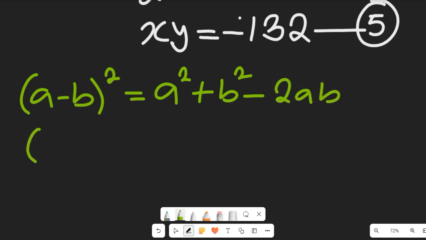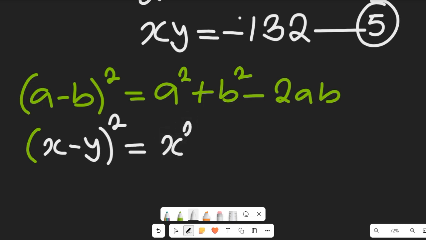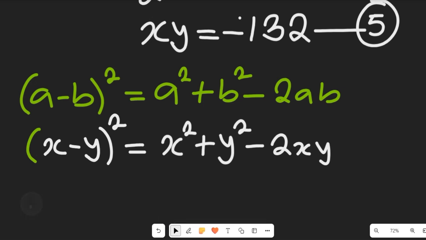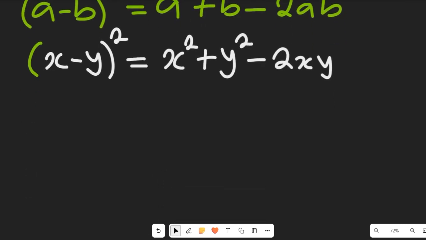Now let's assume we have (x minus y) all squared. We consider this to be equal to x squared plus y squared minus 2xy. From this expression, we already know the value of x squared plus y squared. Recall equation 4, right?